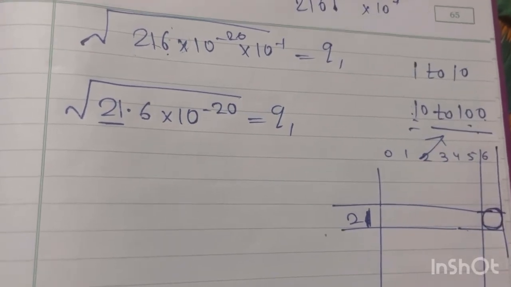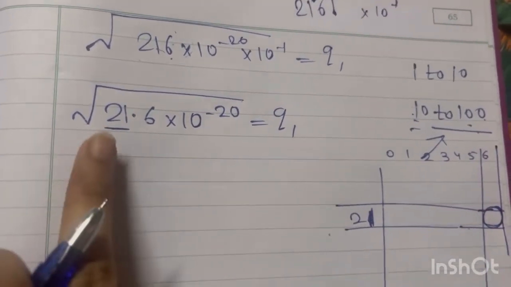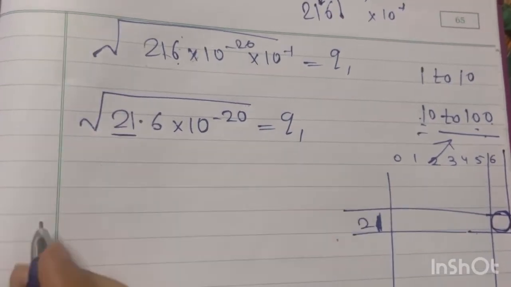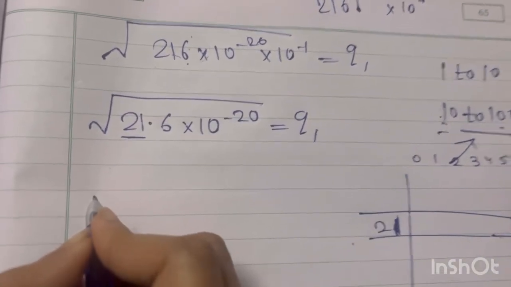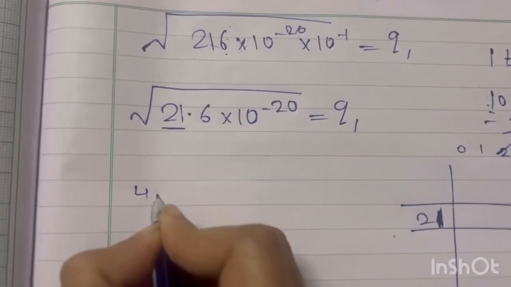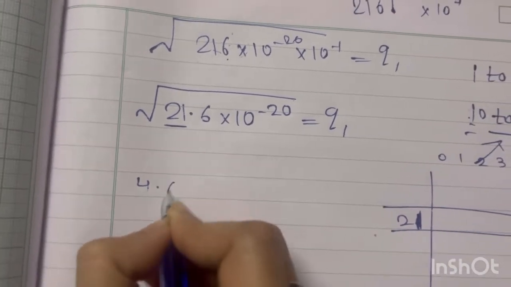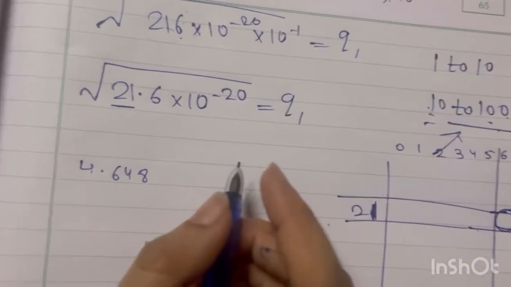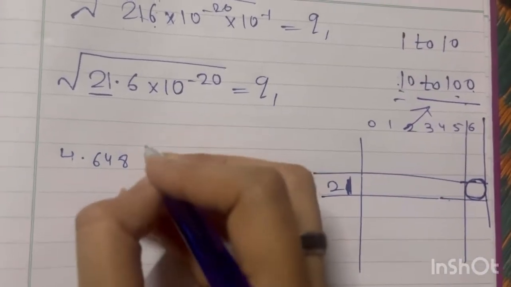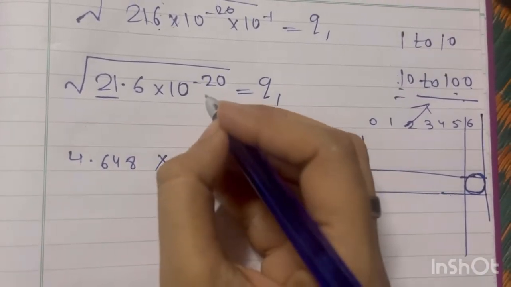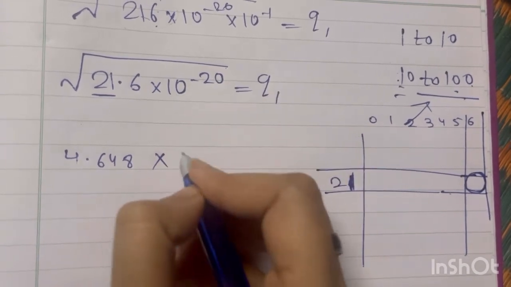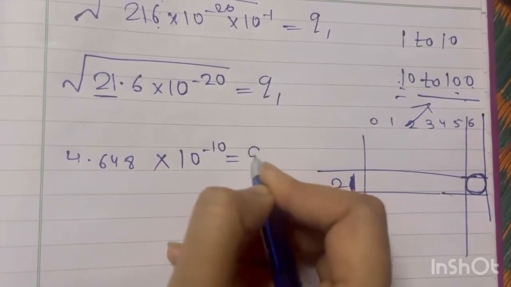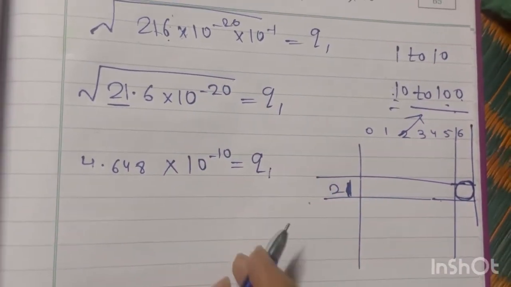This is the digit which is your square root of 21.6. So the square root of 21.6 is 4.648, into 10 raised to minus 20. When you remove it out of the square root, it is 10 raised to minus 10, which is your q1.